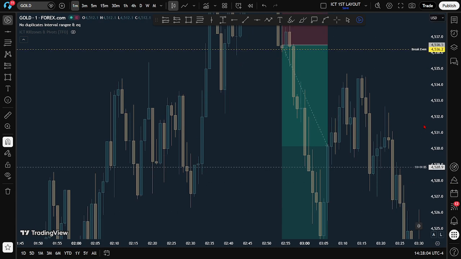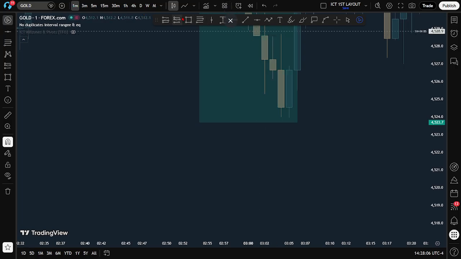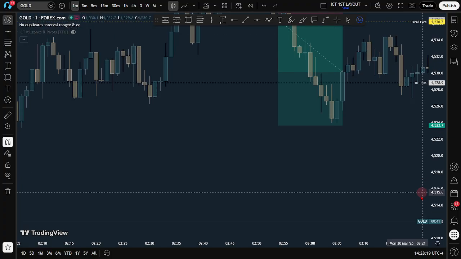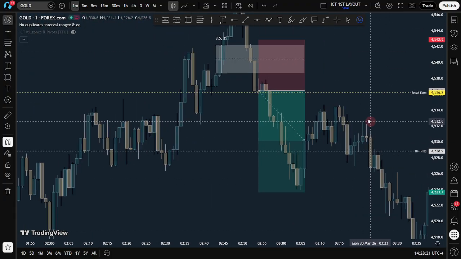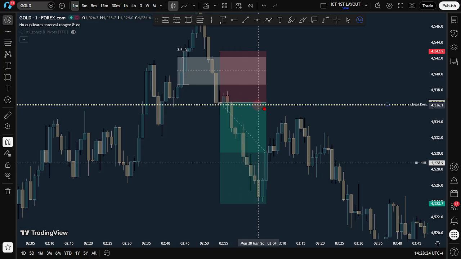So price missed my final TP by I think like 3 pips, like a $0.3 move, and that's fine. My stop loss was at break even, 0.5 off, 0.5 left.